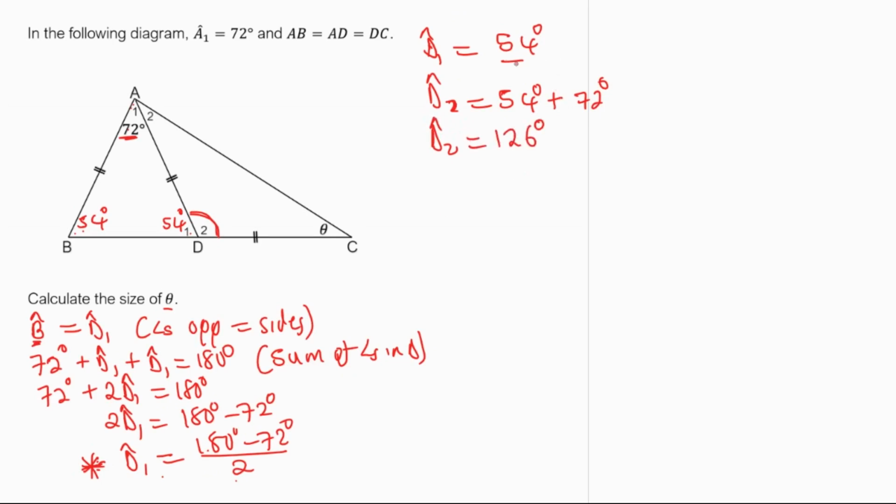Okay, I forgot the reason here. The reason: exterior angle of triangle. Don't forget the reason. Even if you wanted to use adjacent angles on a straight line, you're going to use these two. You say 180 minus 54 degrees. This was going to give you your D2, which is 126 degrees. That was another method of doing it.